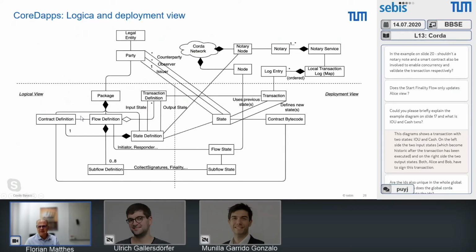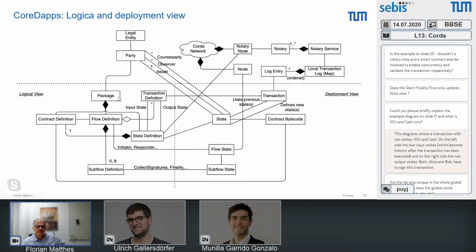Okay, and again, maybe we would have to continue this next week, because that's, I think, important for the next lecture. We have these two parts. On the left-hand side, we have things which are done at compile time, which is a logical view, where we talked about that if you develop an application as a party, you define a package of code.